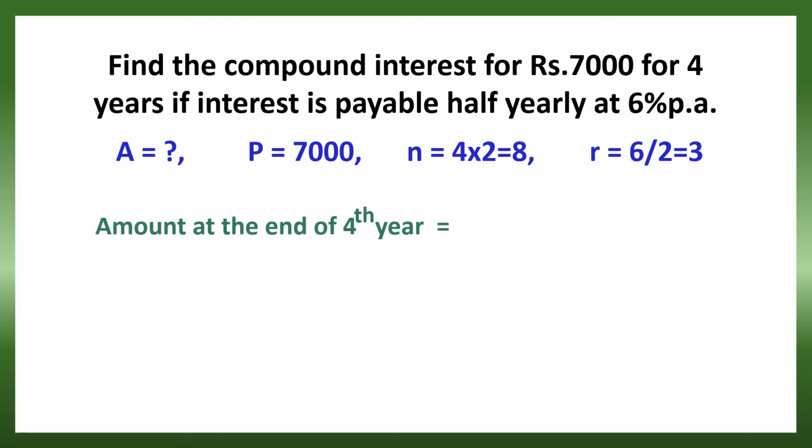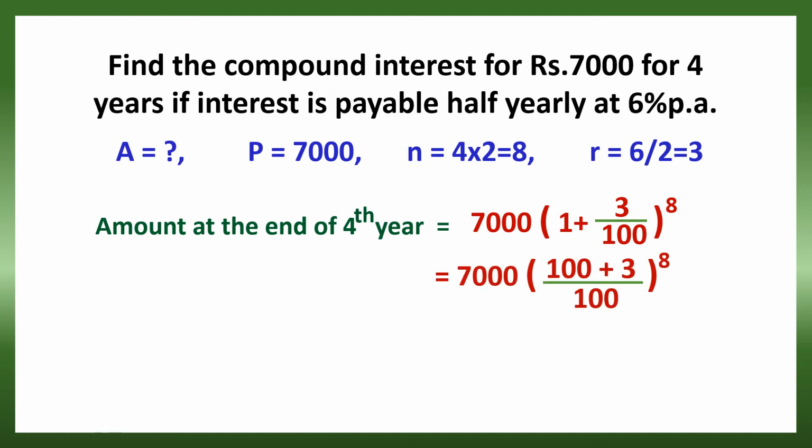Now let us apply the formula to find amount at the end of fourth year. When the formula is applied, 7,000 into 1 plus 3 divided by 100 whole raised to 8. And that becomes 7,000 into 100 plus 3 divided by 100 whole raised to 8.